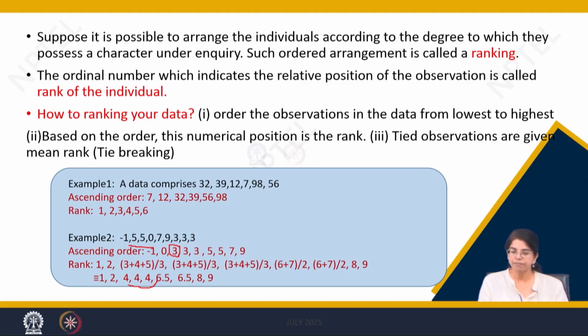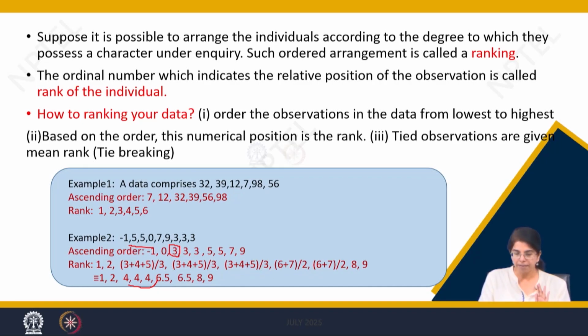Similarly for 5 and 5, a tie of order 2, you just count after the 3s, that is 6 and 7. So the first one, -1, is rank 1, then 2, then 3, then 4, then 5. Make a halt here.